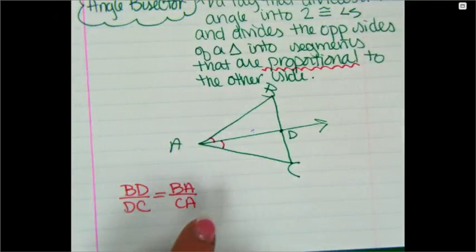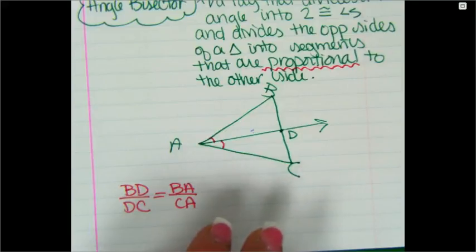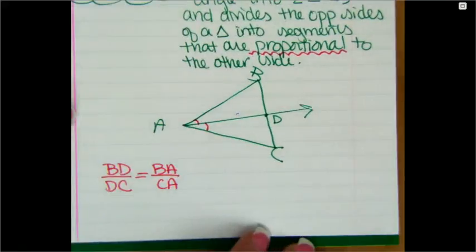It'll be switched, it'll be turned, but make sure you're going left over right, left over right, as long as you're going in the same order. So small over small, big over big? Okay? It has to be the right order. It can't be mixed. That's when you get it wrong. We good?